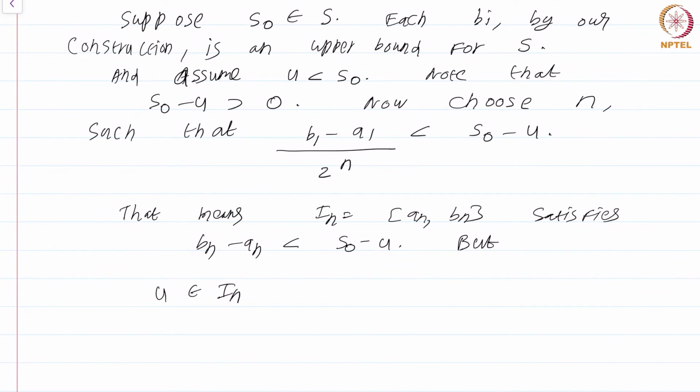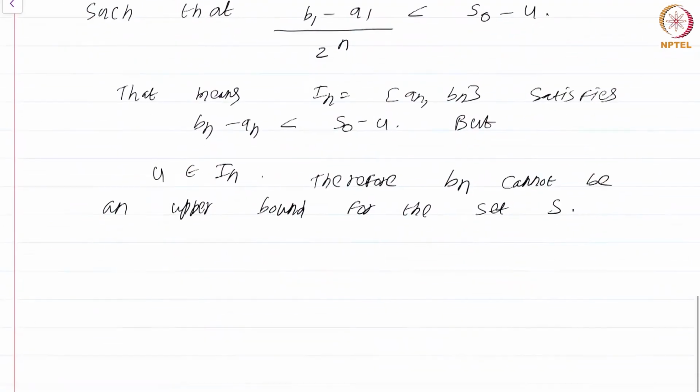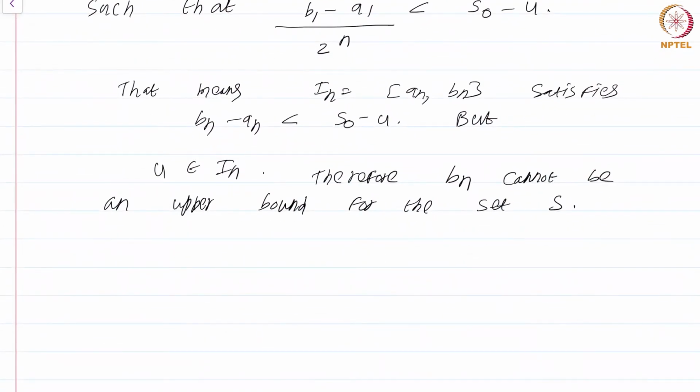Therefore, Bₙ cannot be an upper bound for the set S. Why is this the case? Well, here at this juncture, let me just draw a picture.